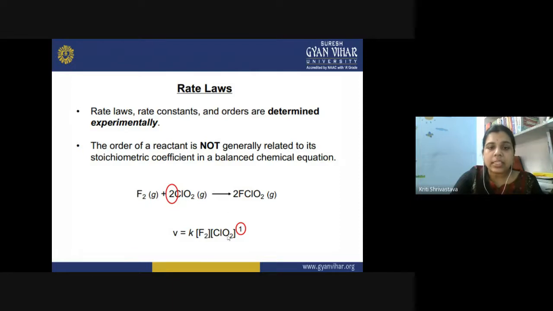How the concentration of a particular reactant changes could be different from the balanced chemical equation. Like you can see here, for ClO2 the stoichiometric constant written in the chemical equation is 2, but when the experimental determinations were done, the order was found to be 1. So the order of the reactant is not generally related to the stoichiometric coefficient in a balanced chemical equation.